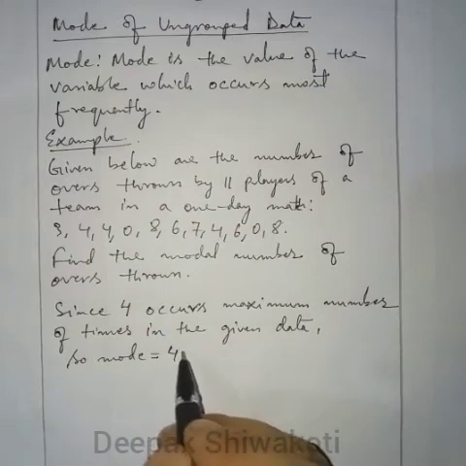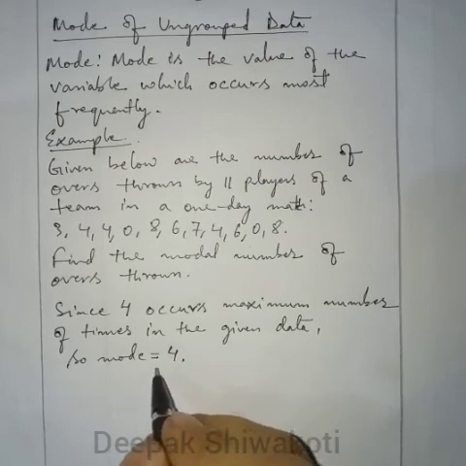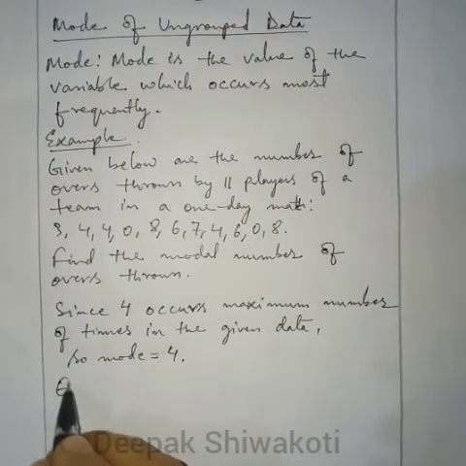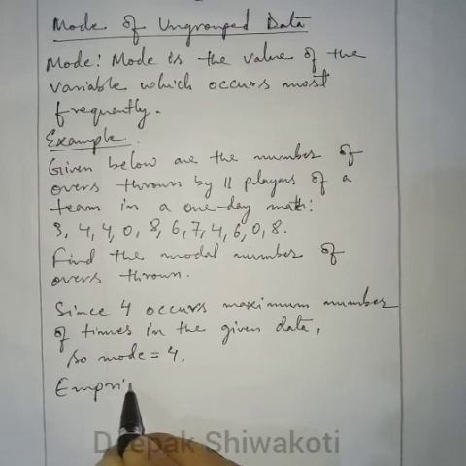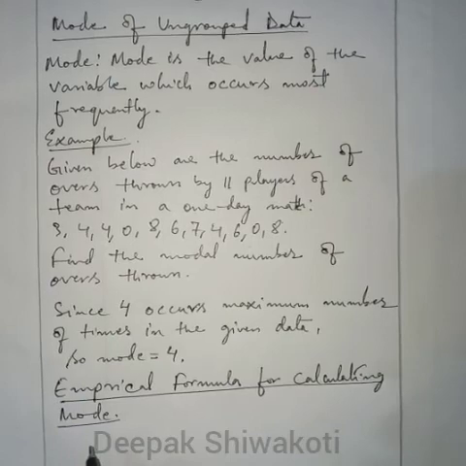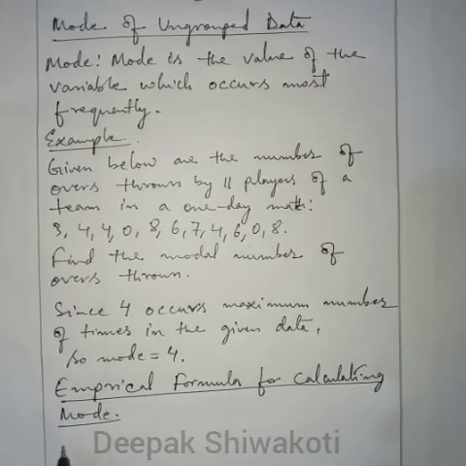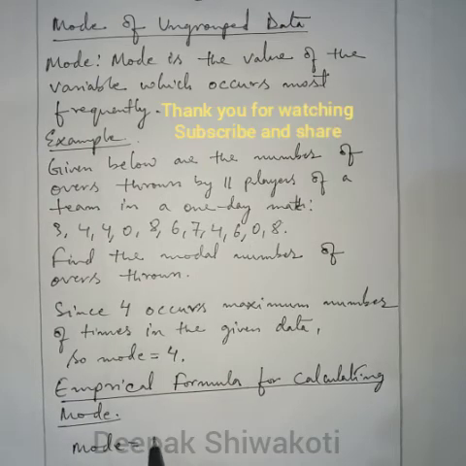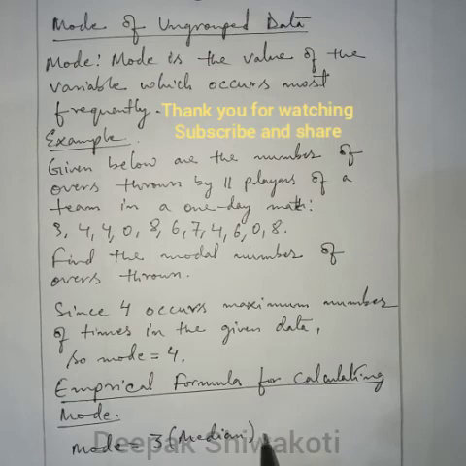So simple to find the mode. Now next is the empirical formula for calculating mode. Empirical mode is given by 3 into median minus 2 into mean.